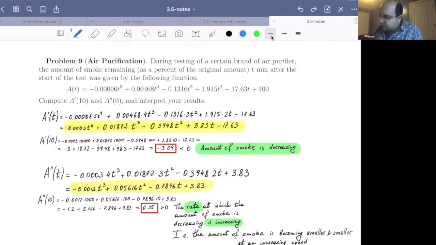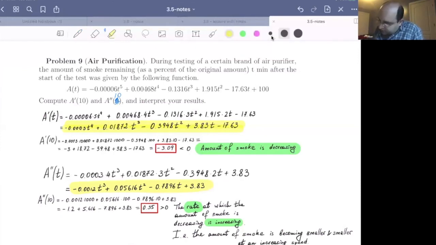The function is given as a polynomial of degree 5. We need to compute A prime of 10 and A double prime of 10, and interpret the results.